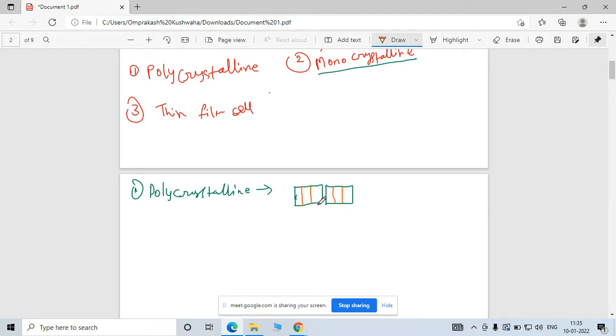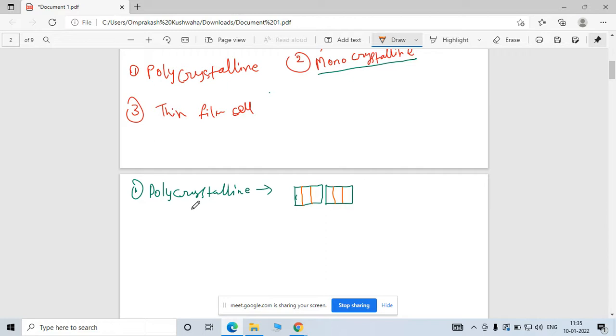Now see, this is a polycrystalline cell. The gap between these two strips is equal, and generally the size of this red colored strip is less than this gap.